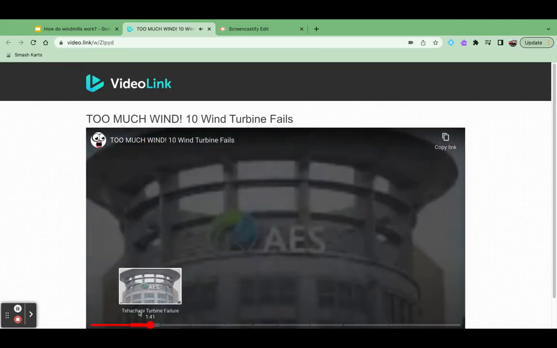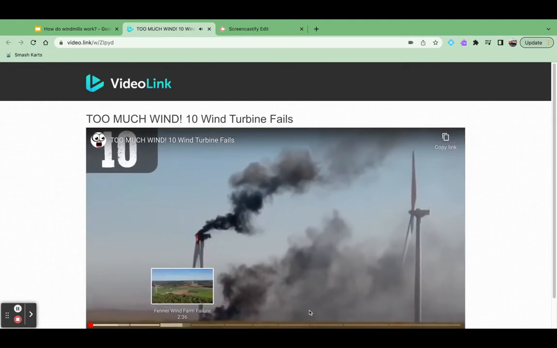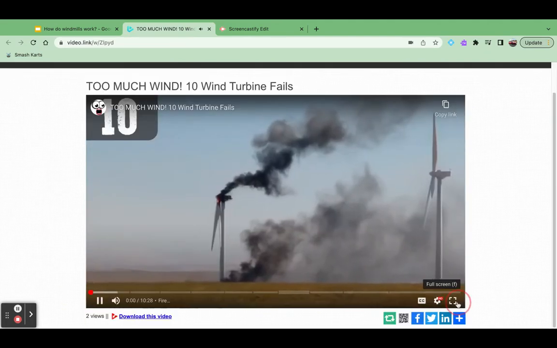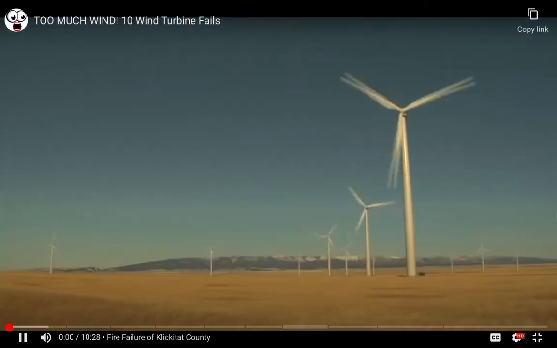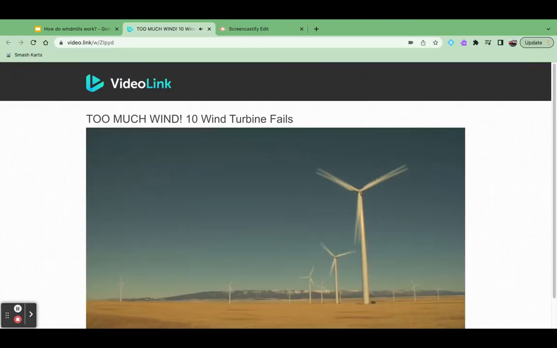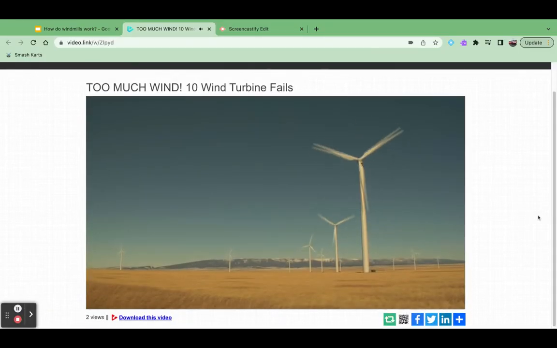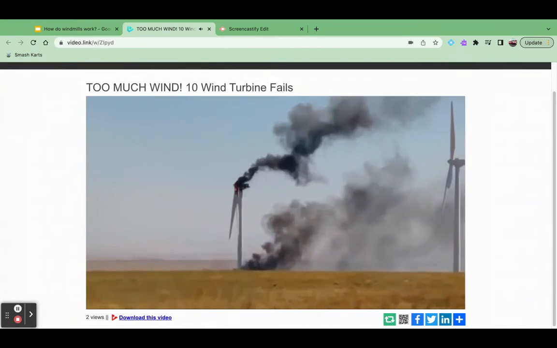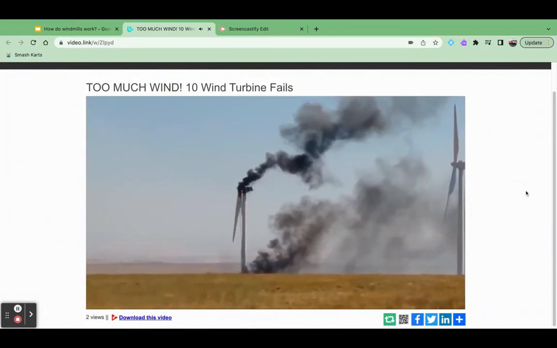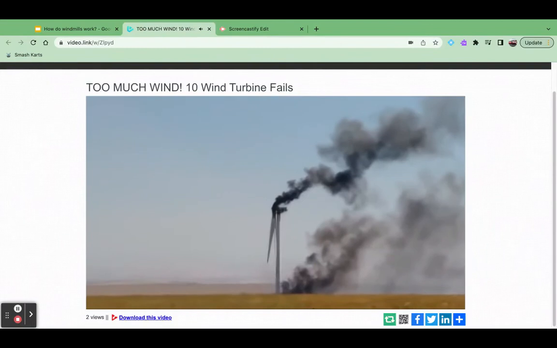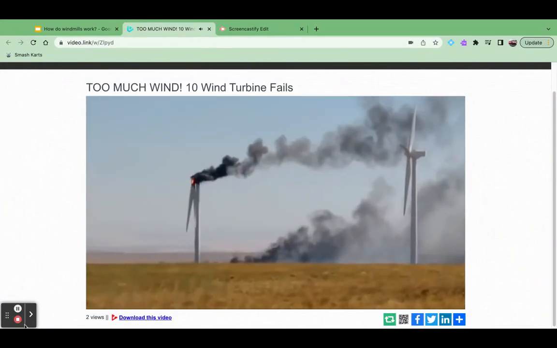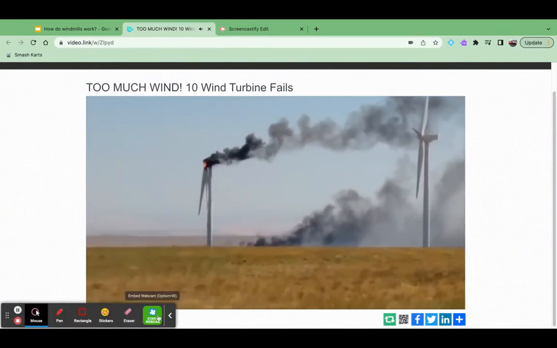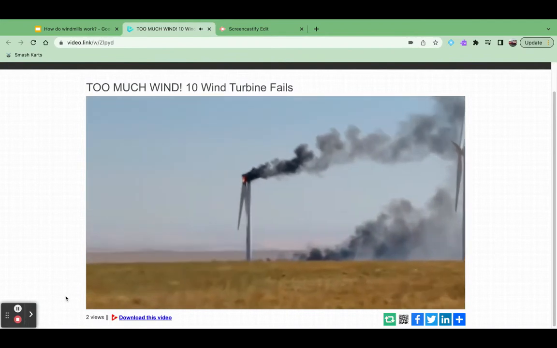Just click. Number 10. The fire failure of Klickitat County, July 2019. When a wind turbine fails, the consequences can be dire. And the turbine fail that happened in Klickitat County, Washington in July 2019 is a testament to that. The wind turbine's generator caught fire, causing sections of the turbine to melt.